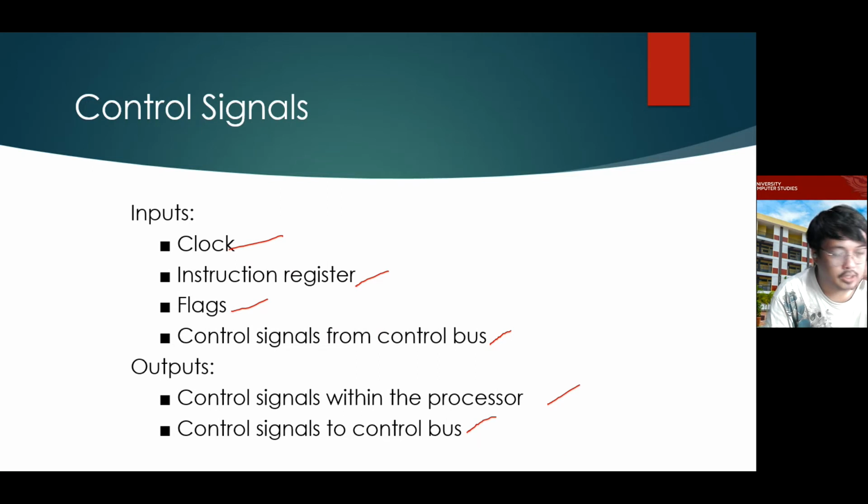Next is the control signal to the control bus. These also have two types. First is the control signal to the memory, and the other one is the control signal to the input-output modules.